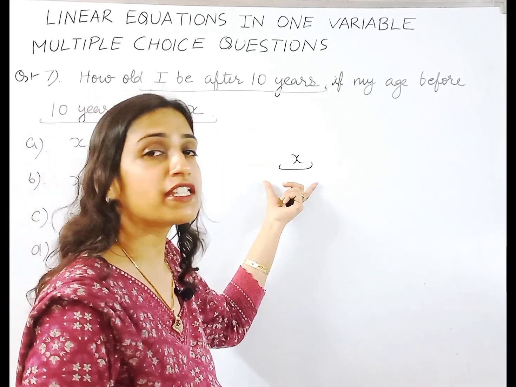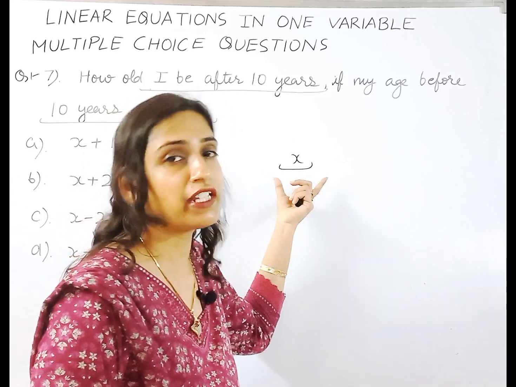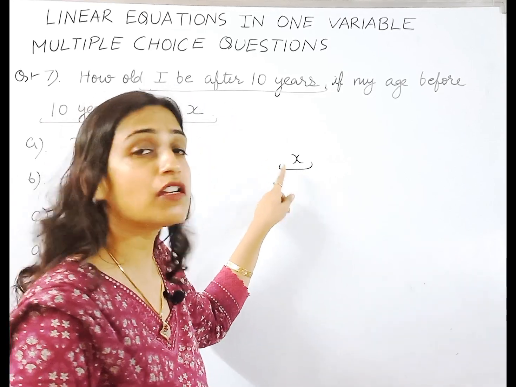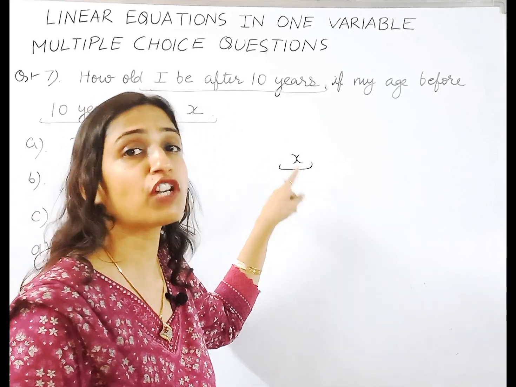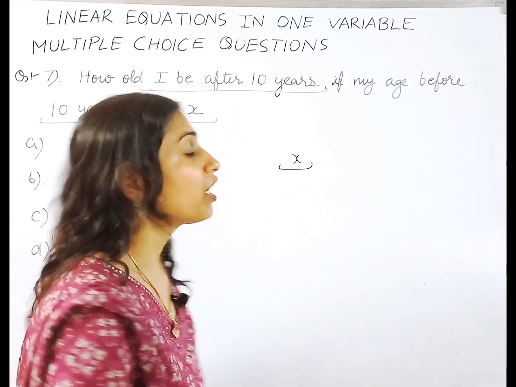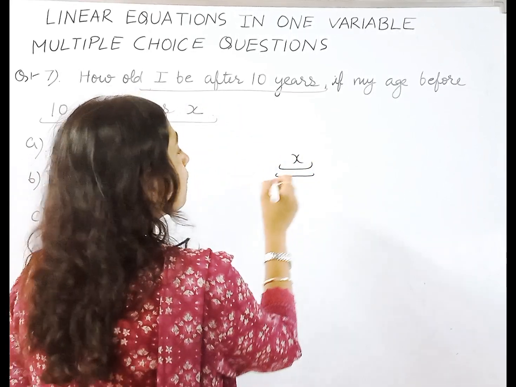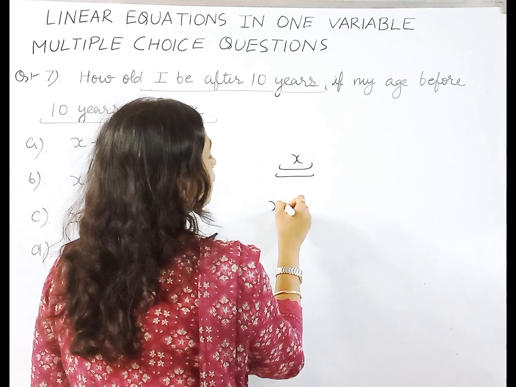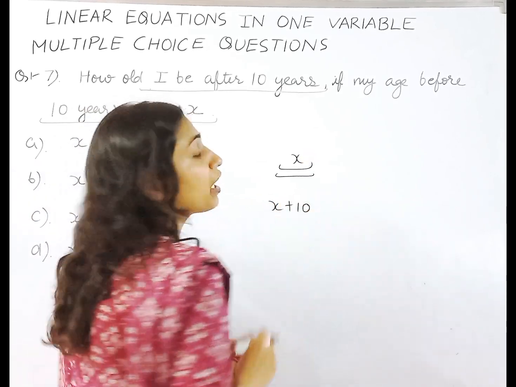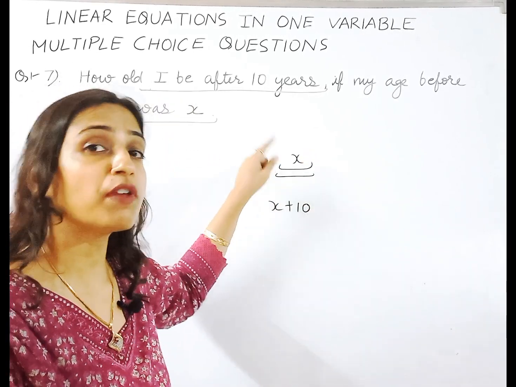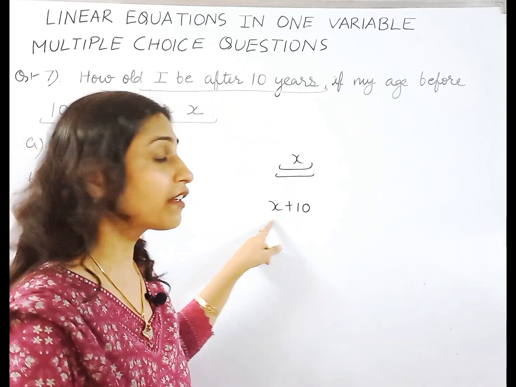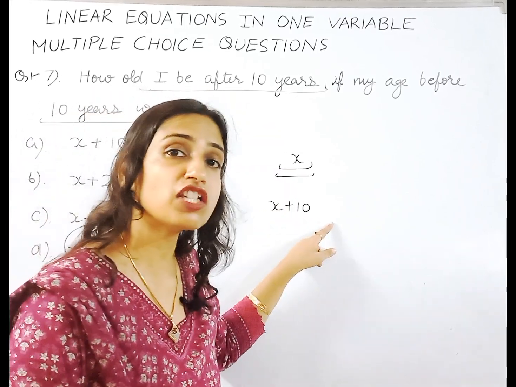First of all, this is the age before 10 years. So if this is the age before 10 years, then what will be my present age? The present age is x plus 10, because if I was x years old 10 years ago, then currently I am x plus 10 years old.